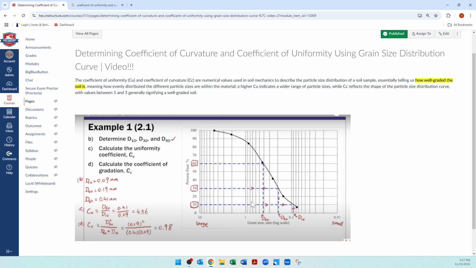So we're looking at a semi-log graph, and in this case it goes from right to left numerically. Look at this number here, that's 10, and this is 100. That's pretty small, so it goes 100, 200, 3, 4, 5, 6, 7, 8, 9, 10 hundredths, which is 1/10. So this right here is 0.1 millimeter.